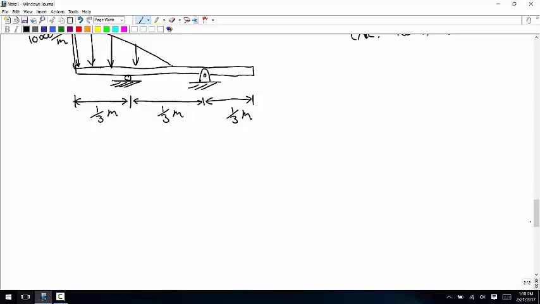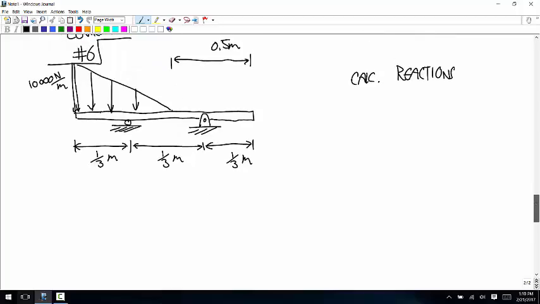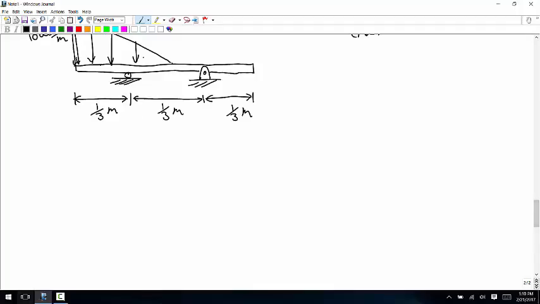Okay, so first let's figure out what the total force is applied by this distributed load, where we're going to put the equivalent point force. So that triangle has a base of 0.5, a height of 10,000.